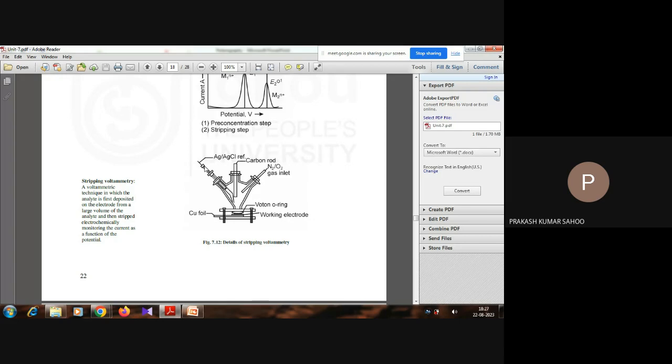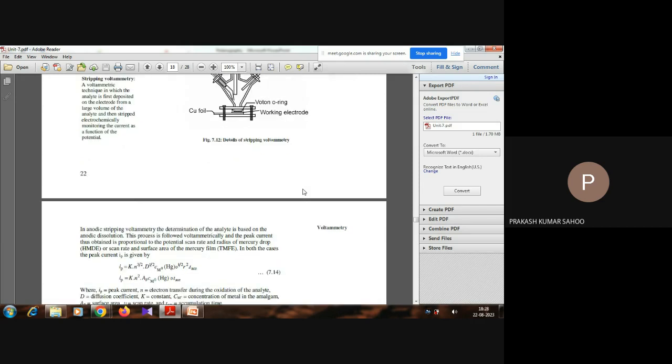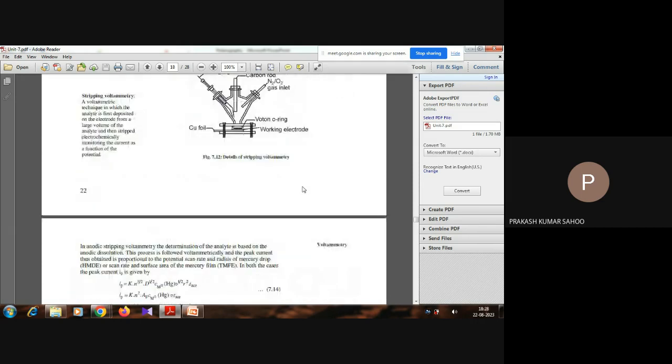Here the reference electrode is a silver chloride reference electrode. A carbon rod is used here, this is the working electrode, and there is a copper foil. There is a button o-ring, and nitrogen gas for the inert atmosphere. This is the setup of stripping voltammetry.